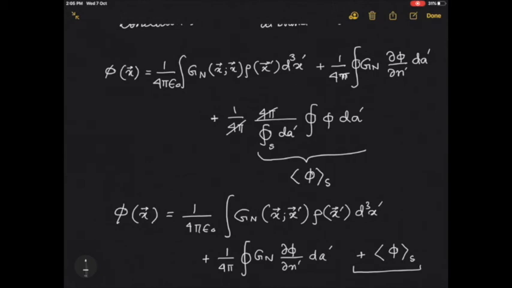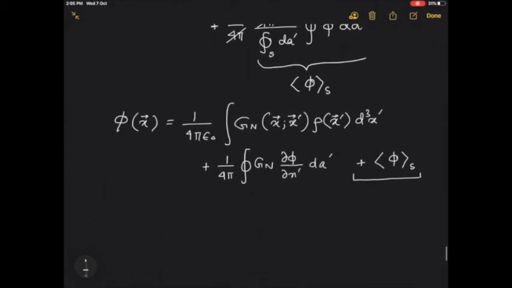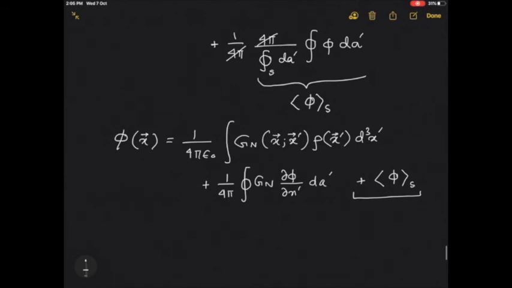And again, it doesn't matter what this term is because it's an additive constant, and an additive constant to the potential really doesn't do anything, any change to the electric field, because the electric field is always a derivative of the potential. So here, to solve for this phi, I need to know del phi del n at the boundary.